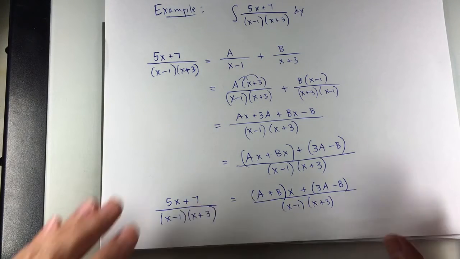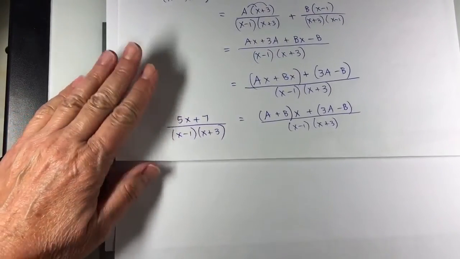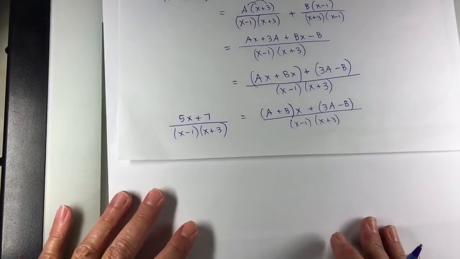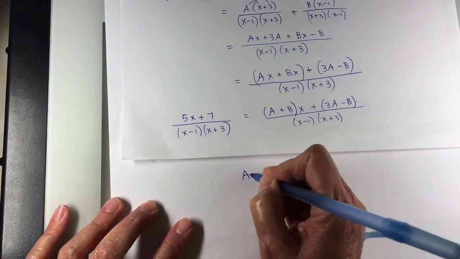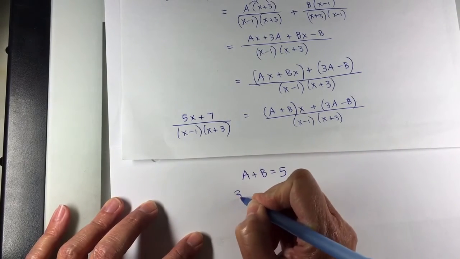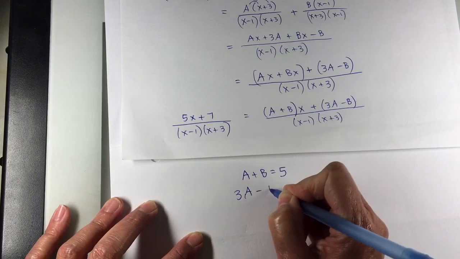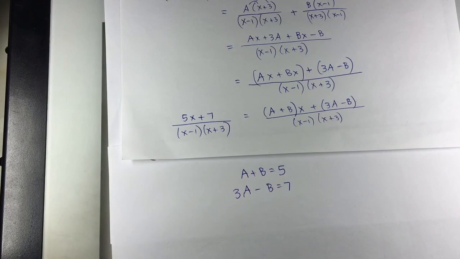So I'm going to challenge you with this. I'm going to write the next step, and you see if you can tell me how I know this. So a plus b equals 5, and 3a minus b equals 7. What I did is I formed a system of equations that now I can solve for a and b.